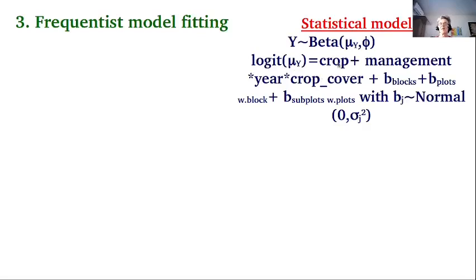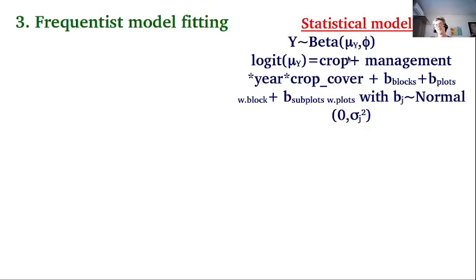Here I'm going to have the single level effect of crop and the first order pairwise interactions and third order interactions of these three factors, plus the random effects, blocks, plots within blocks, subplots within plots, and all these coefficients B are going to be modeled as having a normal distribution and given variances that are going to be different for each of these three nested random effects.